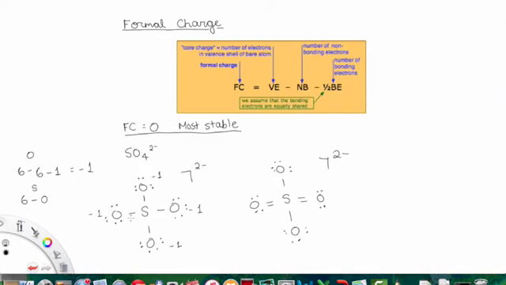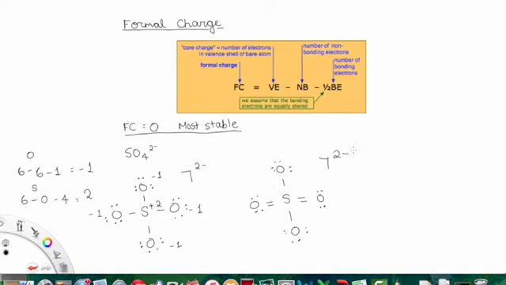But remember, they're sharing the electrons, so you have 1, 2, 3, 4. So in this case, we have 4, which equals 2. So this sulfur has a charge of +2. So in this case, this molecule doesn't seem ideal because a formal charge of 0 is the most stable, and we have these negatively charged oxygens and a +2 for the sulfur.